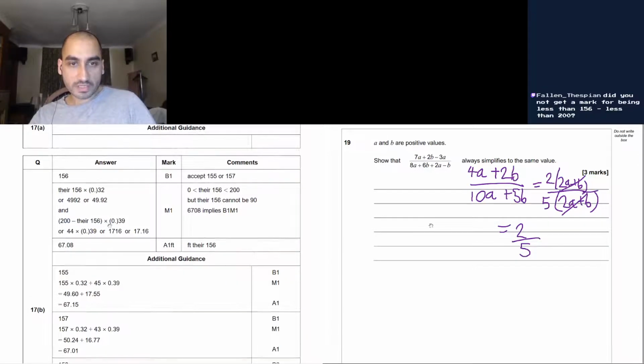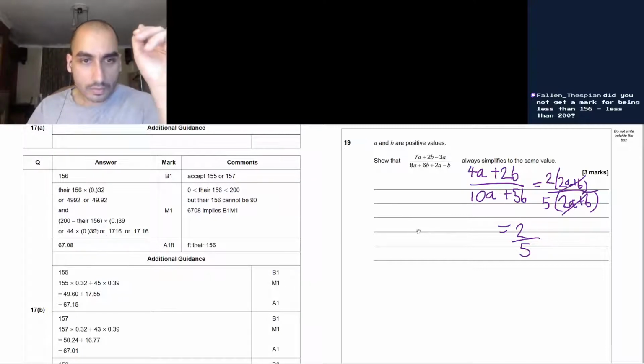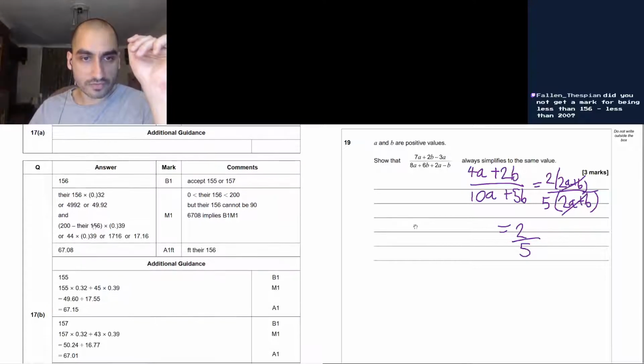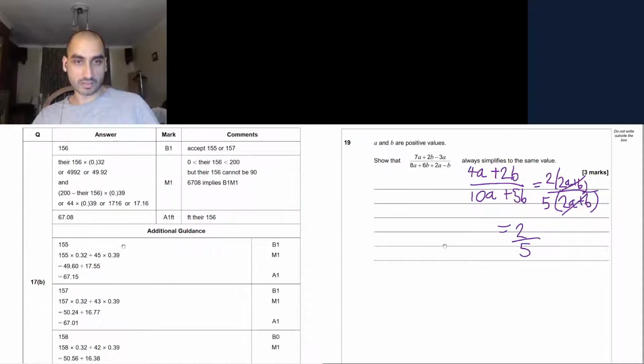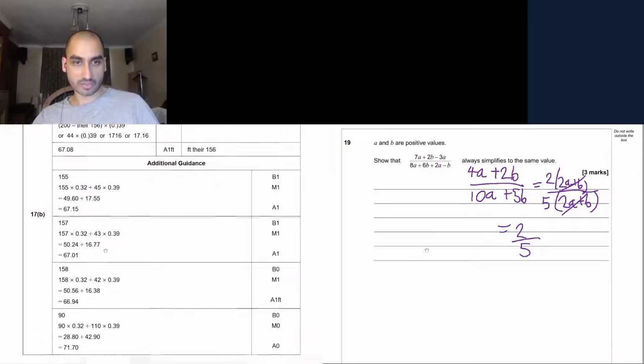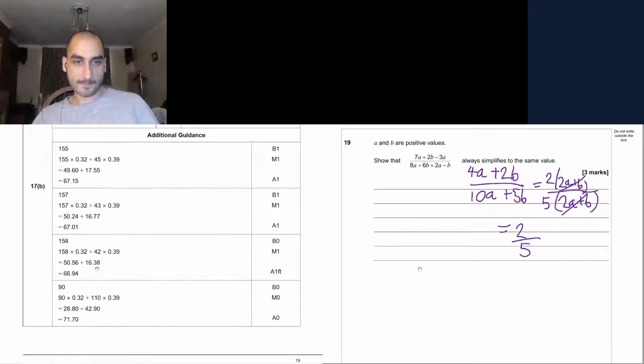So you're referring to this bit here. Oh yeah, they do account for you getting it the wrong way around. Do they? Hang on. No. That's the 44. Yeah, there's no scenario they show you where the candidate has multiplied 156 by 0.39. Every example they show is where they've used a different number instead of 156.